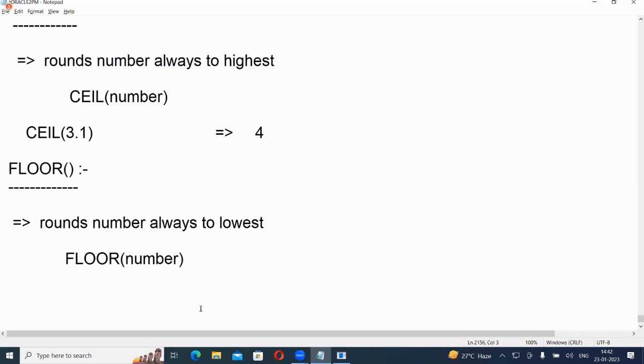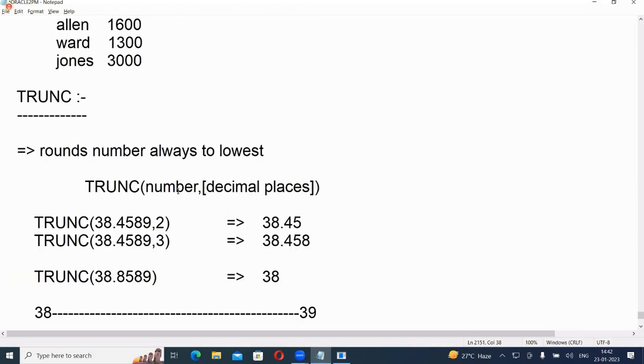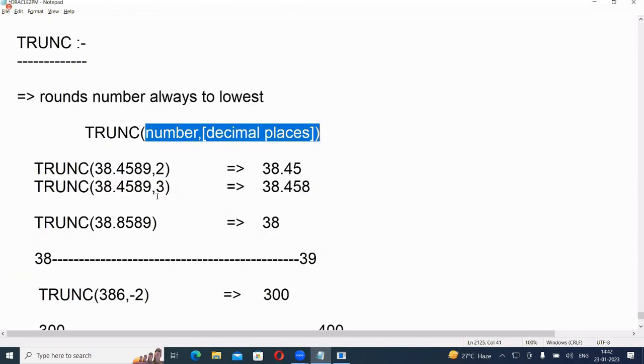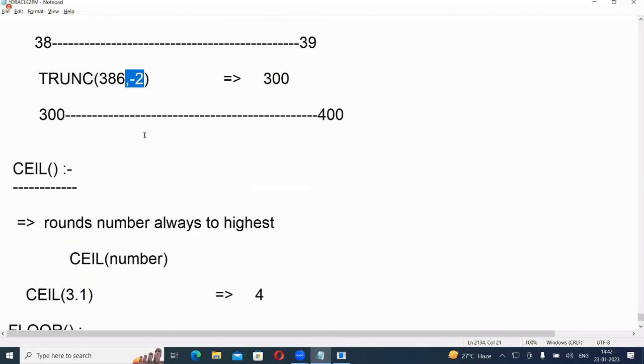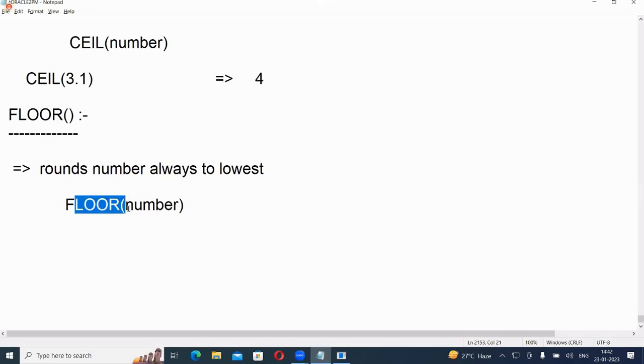So trunc also rounds the number to lowest, and floor also rounds the number to lowest. Then what is the difference between trunc and floor? Trunc takes two arguments. You can round the number to an integer, or to decimals: 2 decimals, 3 decimals, or hundreds, tens, thousands. But floor will not take decimal places. It takes only one argument, the number. You cannot round the value to decimals, hundreds, or thousands.